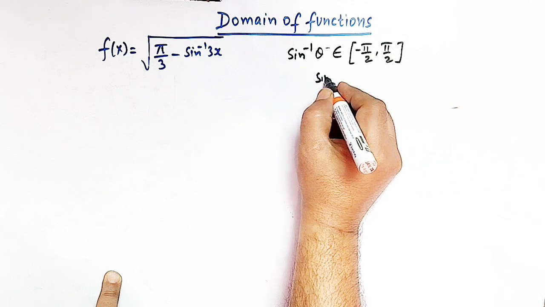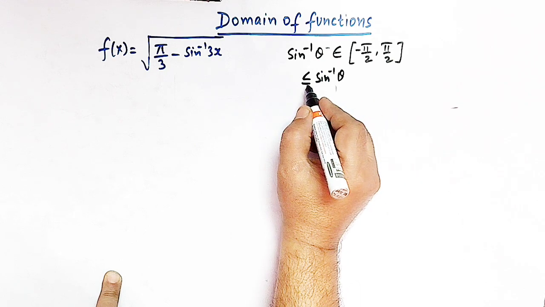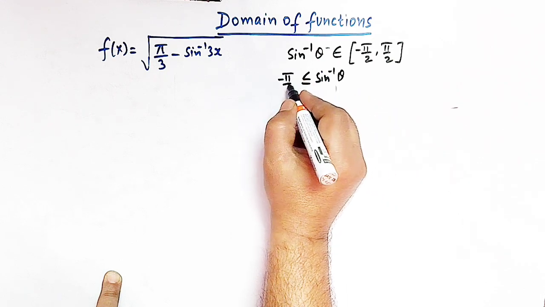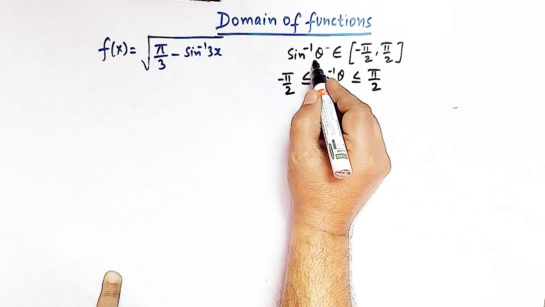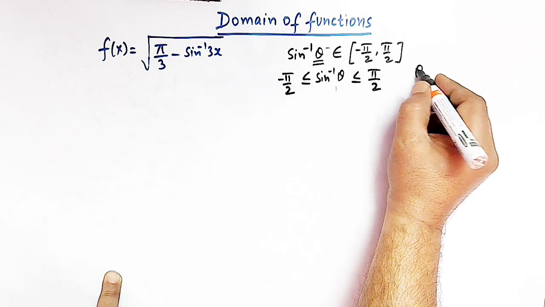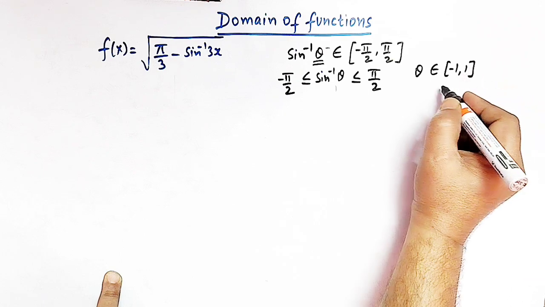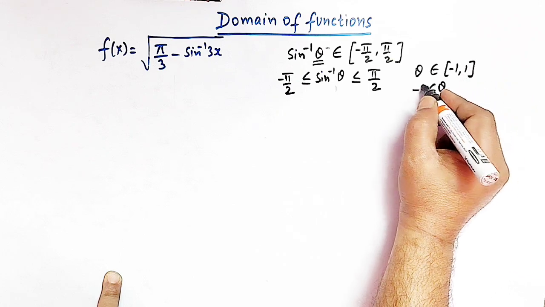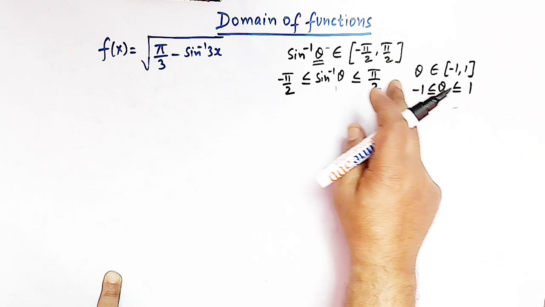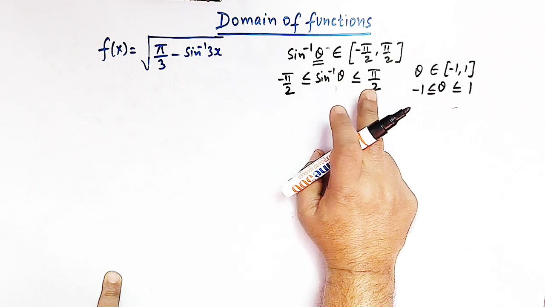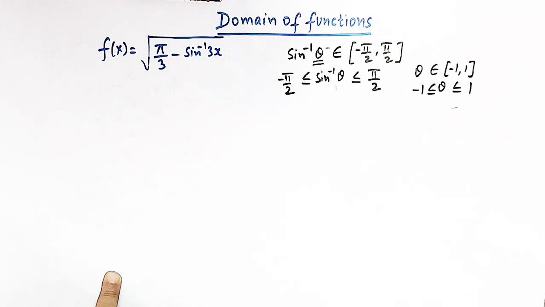We can also write it as sine inverse theta greater than or equal to minus pi by 2 but less than or equal to pi by 2, provided theta belongs to the interval minus 1 to 1, that is theta greater than or equal to minus 1 but less than or equal to 1. So this is the information we have from inverse trigonometric functions, right?